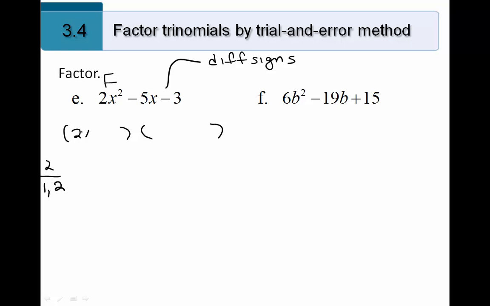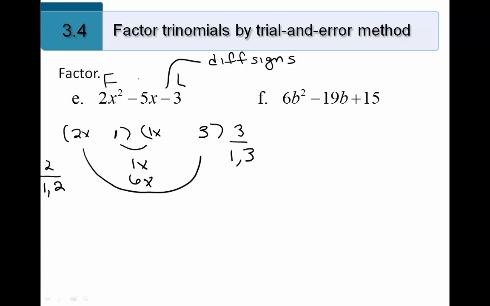So 2x times 1x. My L, factors of 3, 1 times 3. So think about where those would have to go. I believe my 1 will have to go here and my 3 will have to go here. Let's check it. So 1 times 1x is 1x. 2x times 3 is 6x.